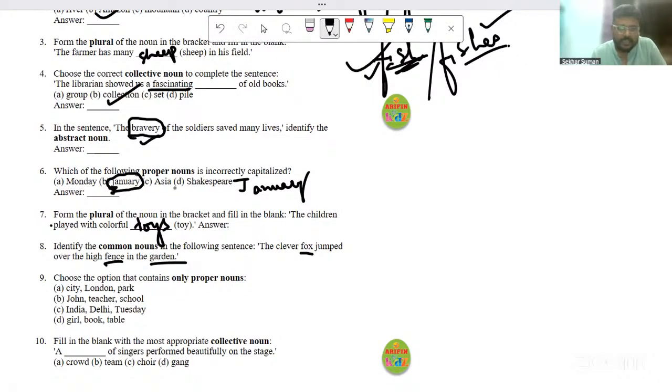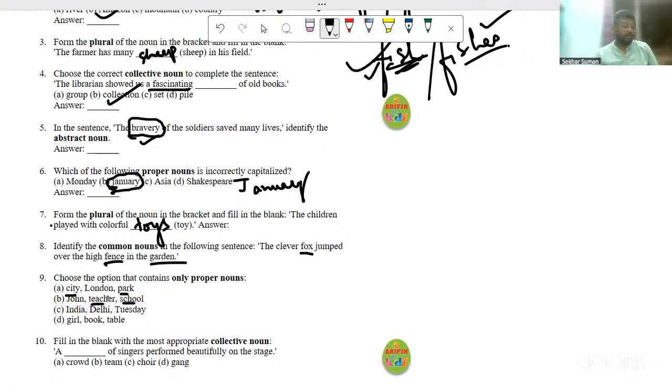Yes. Number 9, choose the option that contains only proper nouns. So option A, city, London, park, only proper nouns it is being told. So park again is a common noun, city is a common noun, not specified. Option B, John is a proper noun, teacher is a common noun, school again is not specified.